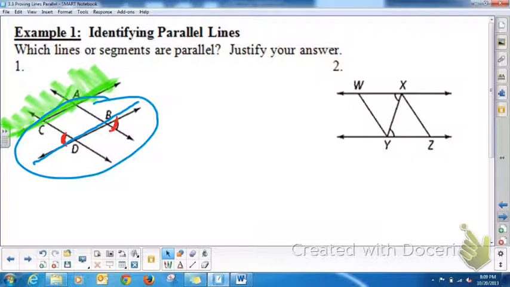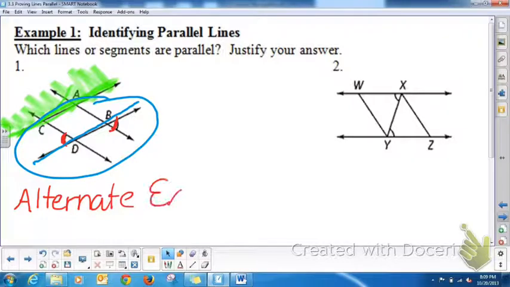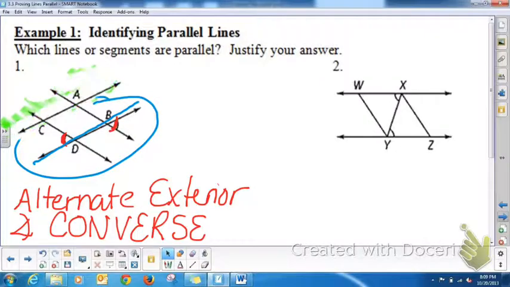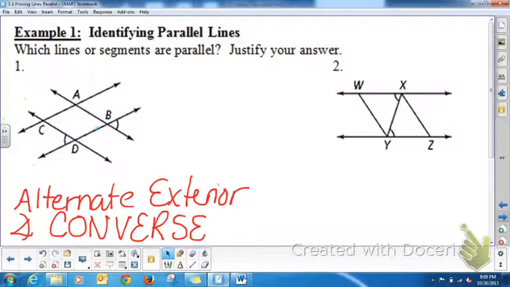So, using the alternate exterior angles converse, that word's important here, converse, I can prove that line AB is parallel to line CD. That's what you can prove, that line AB is parallel to line CD, because the alternate exterior angles are congruent.